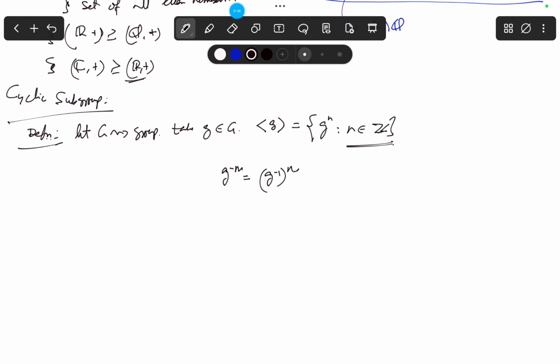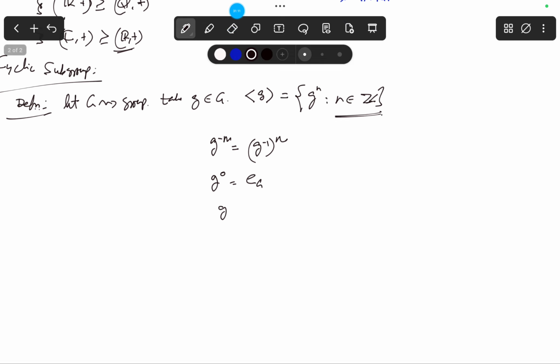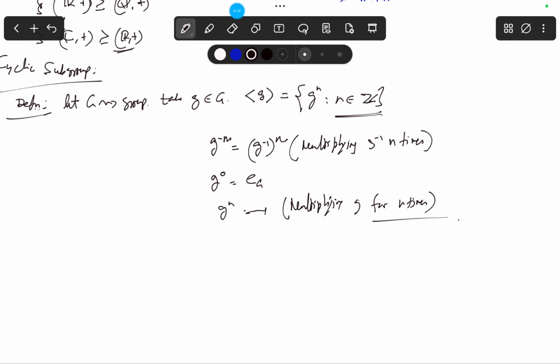Here g power minus n is basically multiplying g inverse n times. g power 0 is your identity, E of G, and g power n is multiplying g for n times.